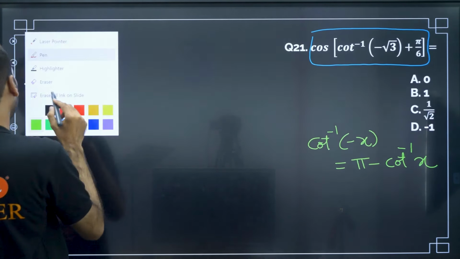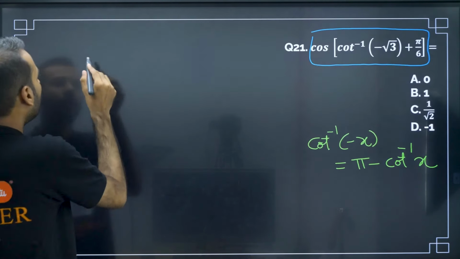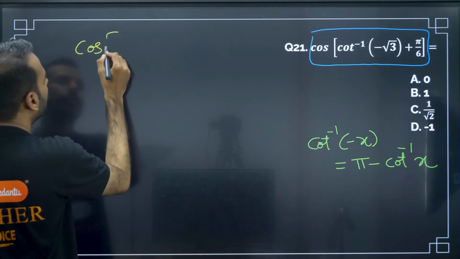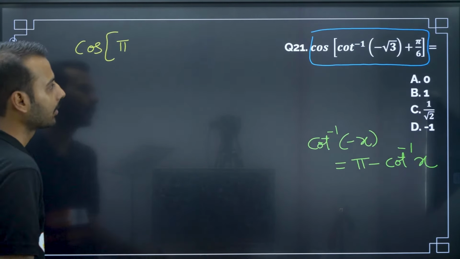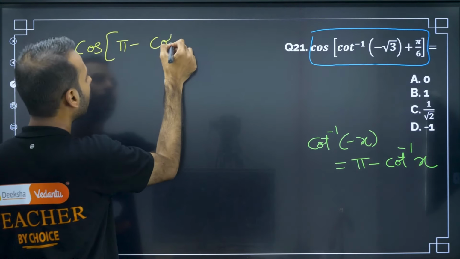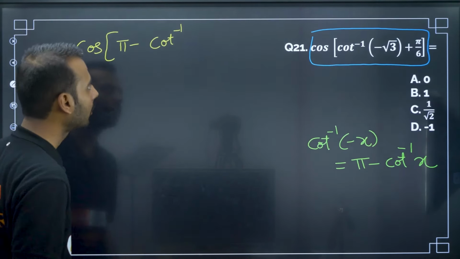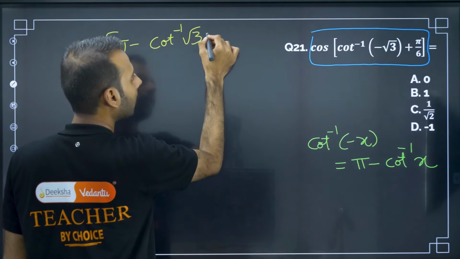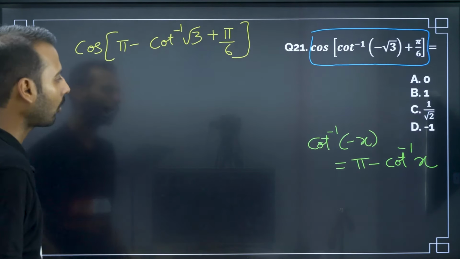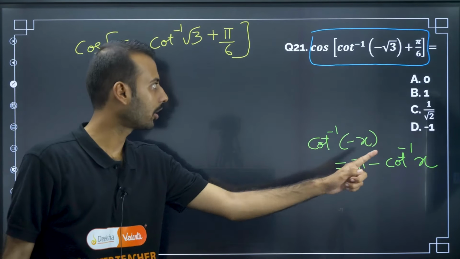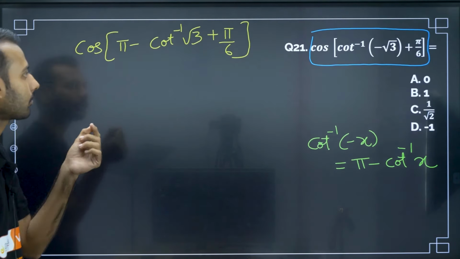So cos of cot inverse of minus root 3 can be written as cos of pi minus cot inverse root 3, and the plus pi by 6 I am keeping as it is. Cot inverse of minus x is pi minus cot inverse x, so I am writing it like this.